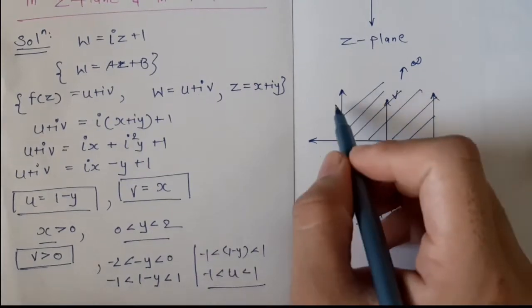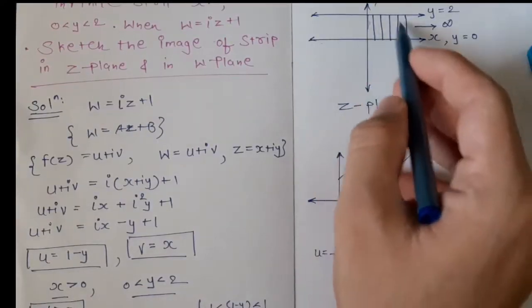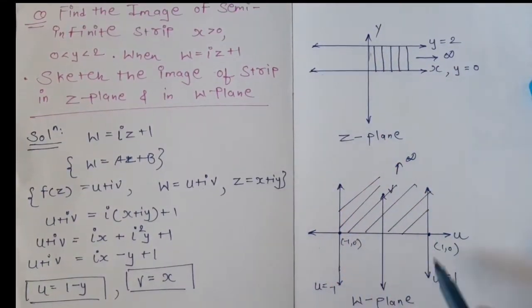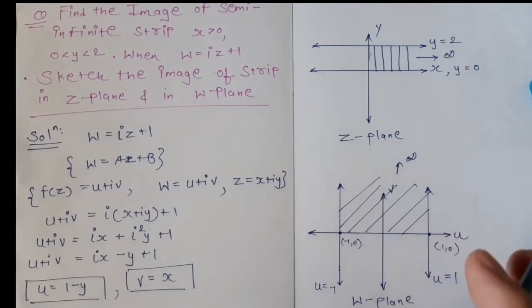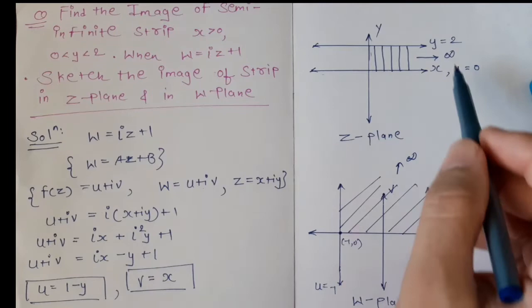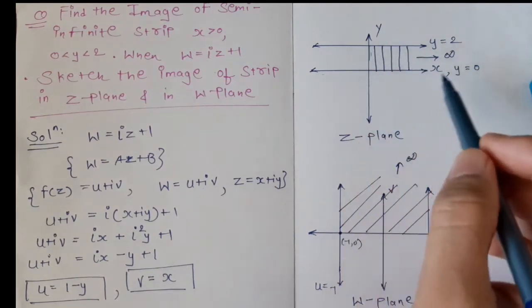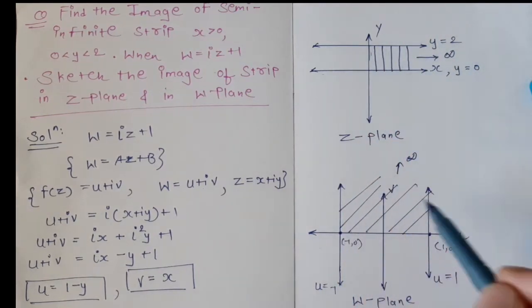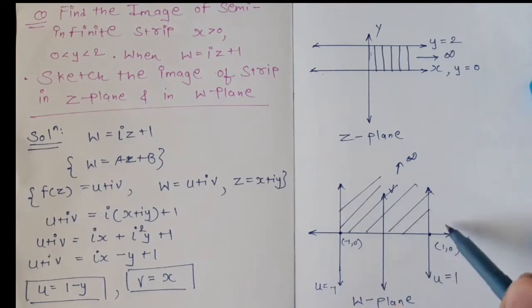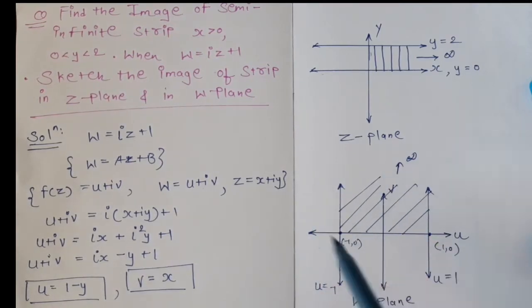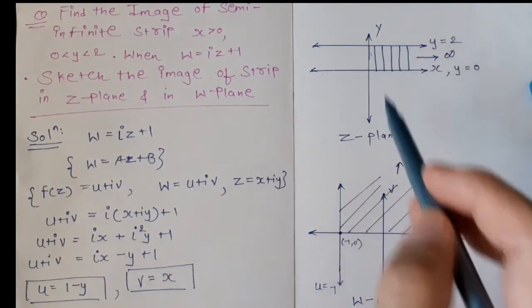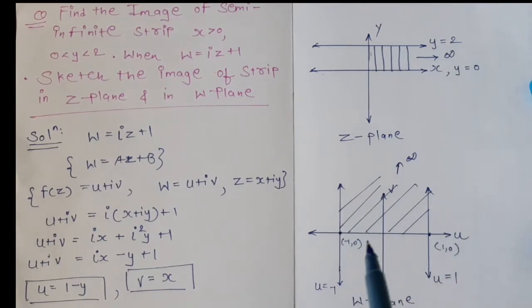So this is the region of this semi-infinite strip in the w plane. I hope you understood the concept of transformation, that we transformed this semi-infinite strip into a simple region in the w plane. This is the complicated region and this is the very simple region.